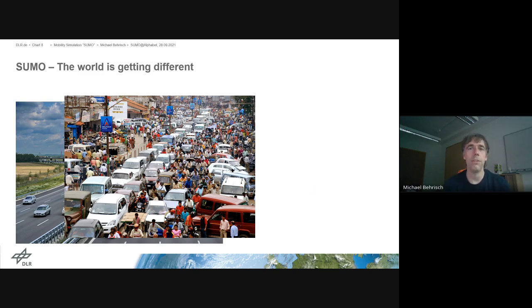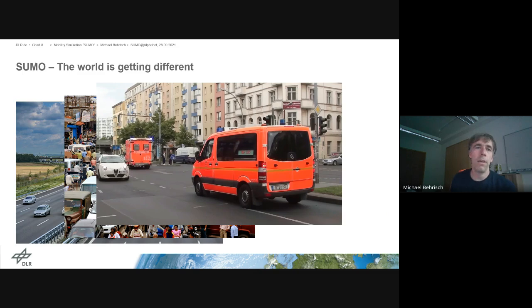The point is more how do we simulate things like that? So very heterogeneous traffic, very different modes of transport concurrently on the street, and considerably less lane formation and driving from sideways, and also things like that.